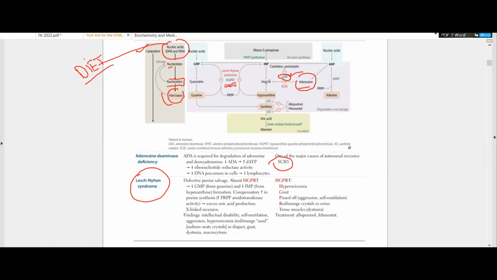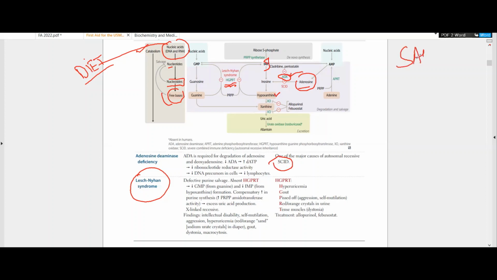So inosine is converted into hypoxanthine and ultimately into xanthine. This hypoxanthine is also converted back into inosine monophosphate. So this is the base, and this base is converted into the nucleotide. So again, what is the salvage pathway?